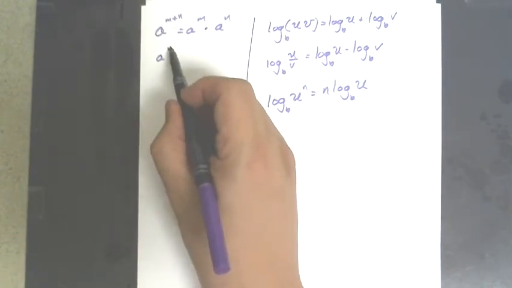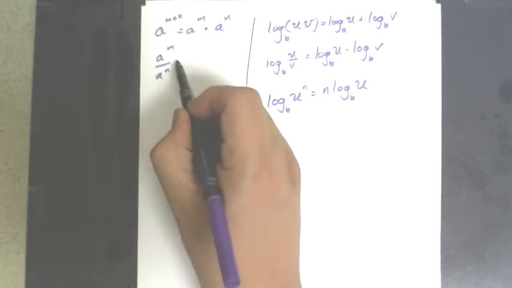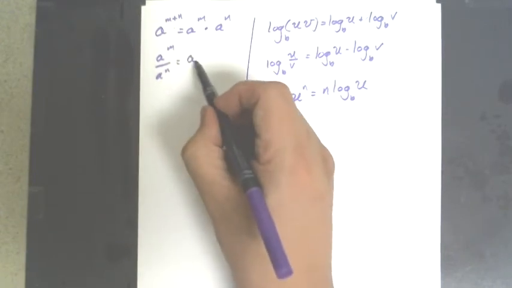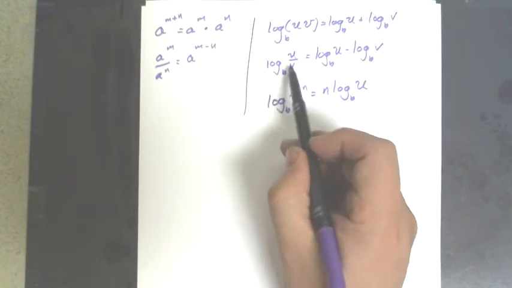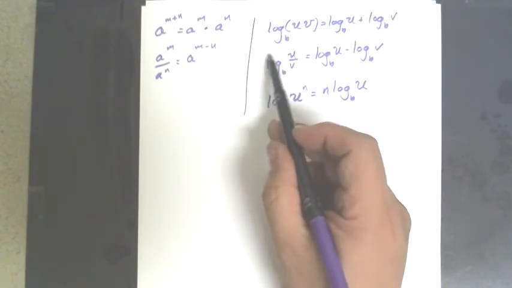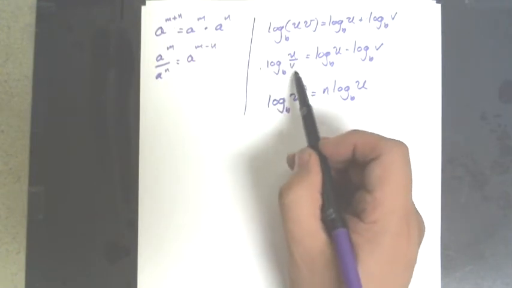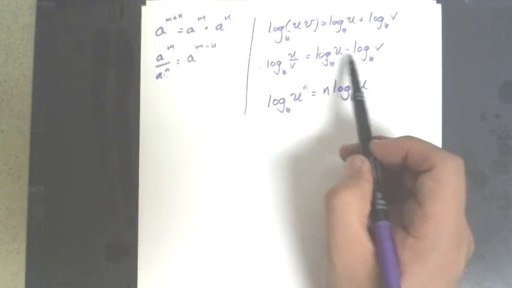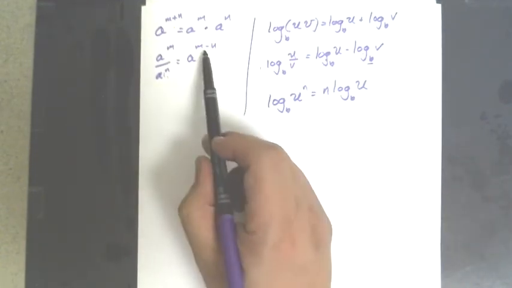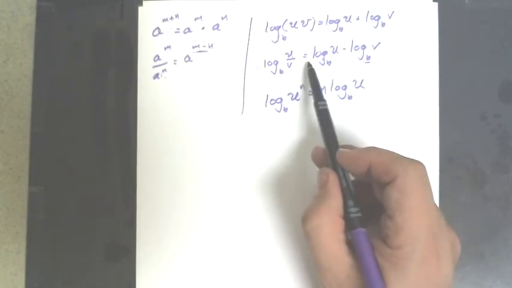If you've got a to the m divided by a to the n, well, what did you do with the powers there? You subtracted them. Logarithms ask, what is the exponent when you divide two things? Well, when you divide two things with the same base, you subtract the exponents.